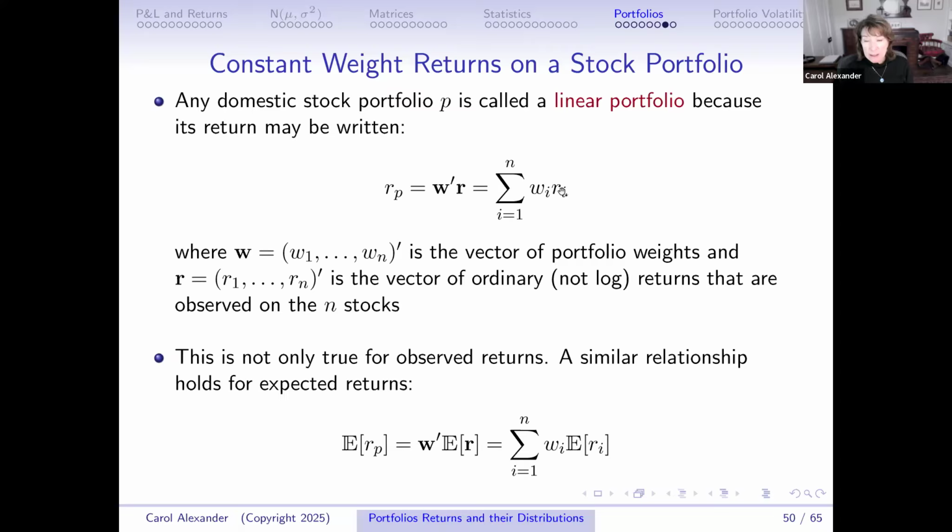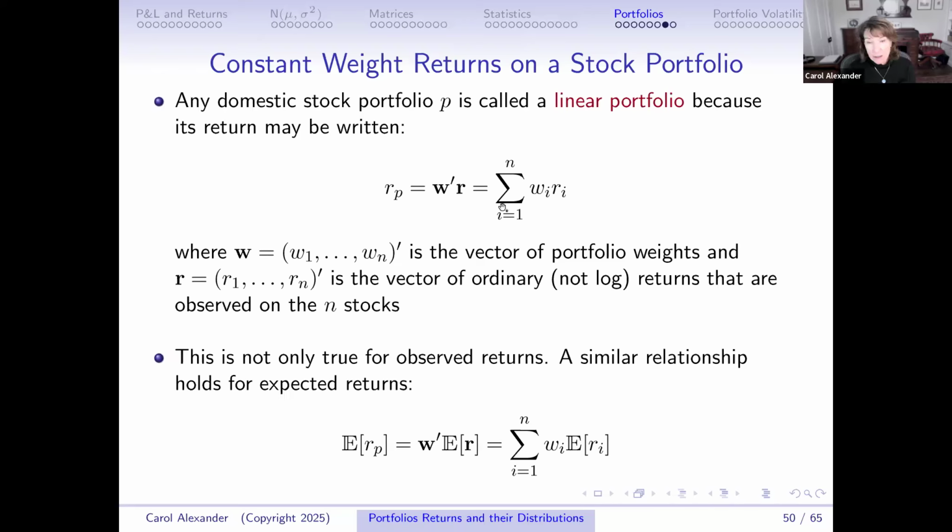We can also write this summation formula as W dot R or W prime R. I'm choosing to write it in this slide as W prime, the transpose. That W transpose is a row vector because everything is column vectors unless otherwise stated. So W is a column vector of portfolio weights, W prime is a row vector, and R is a column vector of the realized returns on these stocks. The dot product, or W prime R, is just the sum of the weight times the return. And that holds for actual returns, but not for log returns.